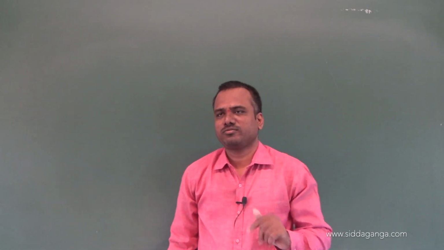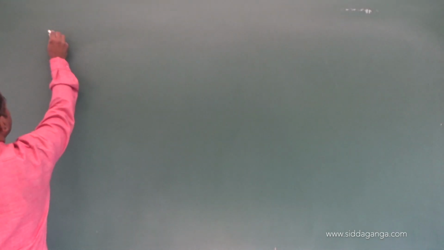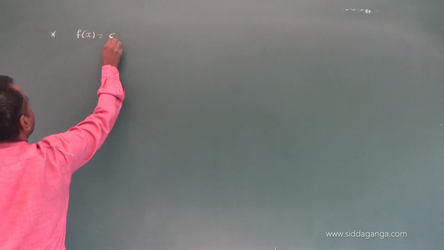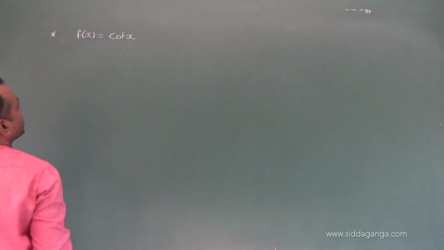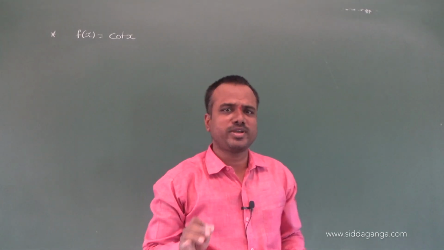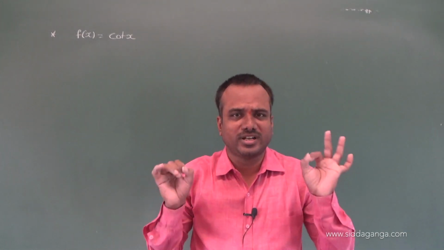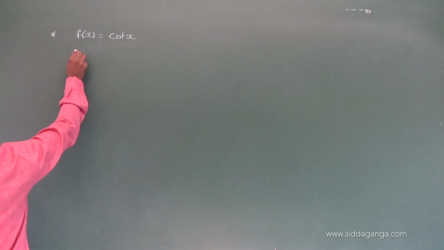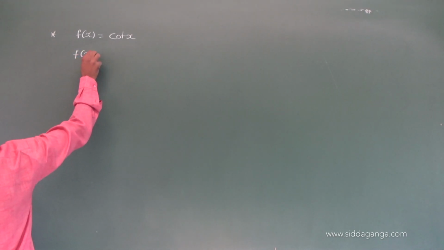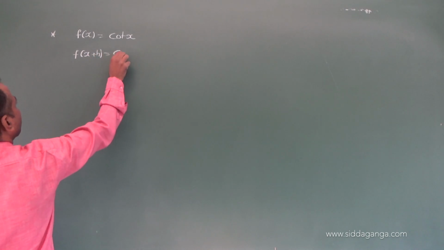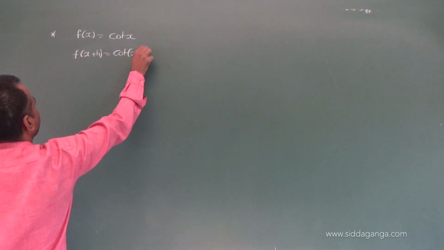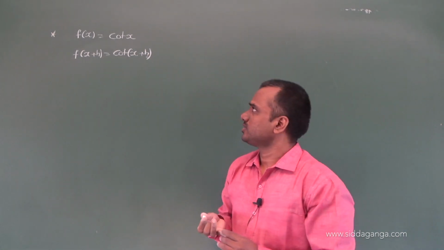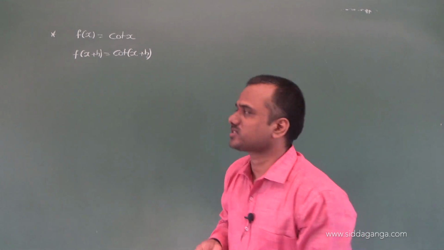So 3 we finish up. Fourth trigonometric function, cot x. F of x is equal to cot x, means now we are finding the derivative of cot x. Put wherever x plus h, so cot x becomes cot of x plus h.